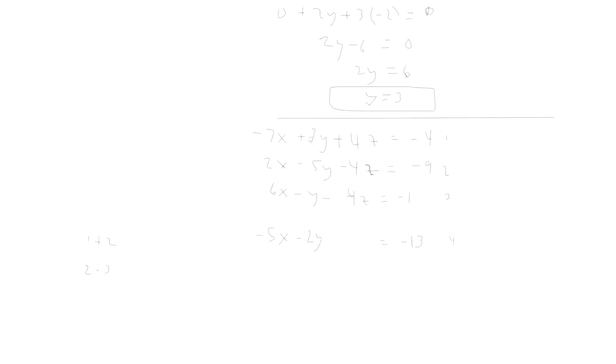We're going to subtract them because we want to eliminate the same variable that we just eliminated before, which was z. So 2 minus 3, 2x minus 6x, how much? 2x minus 6x equals -4x.